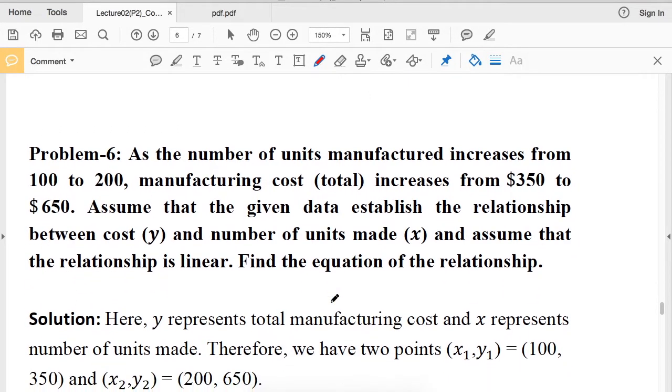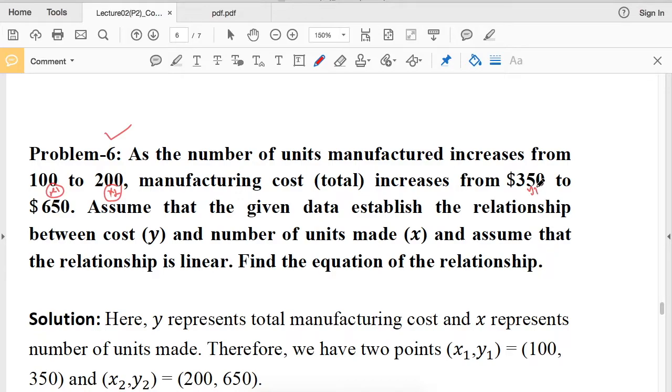And similarly, you can also check another problem, which is again like problem 5. As the number of units manufactured increases from 100 to 200, so this one will be your x1 and this one will be your x2, and manufacturing cost increases from $350 to $650.